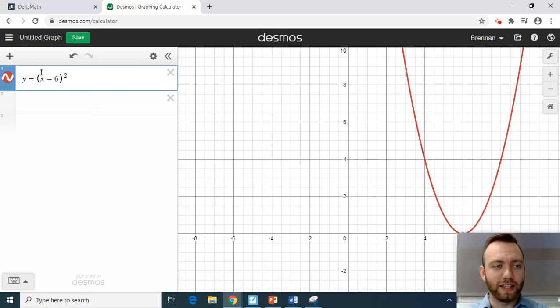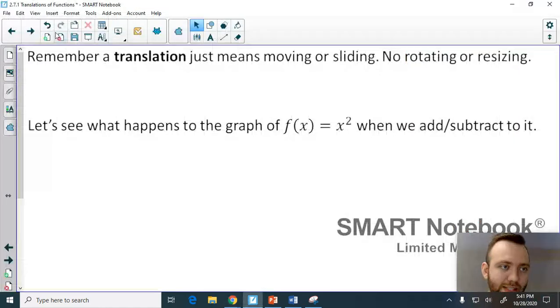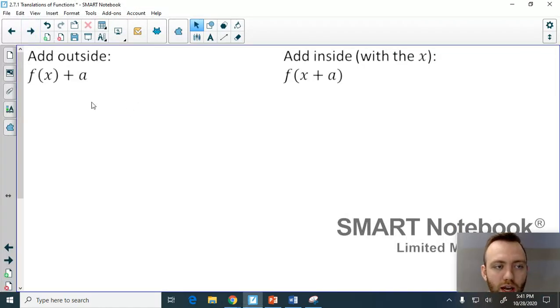And so it's kind of like a good thinking to think if we're in parentheses or with the x, then we are going to be like opposite day, right? But if it's outside, we just pay attention to the positives and negatives. So with that said, we did two things, right? We took the equation f of x equals x squared and we added outside.